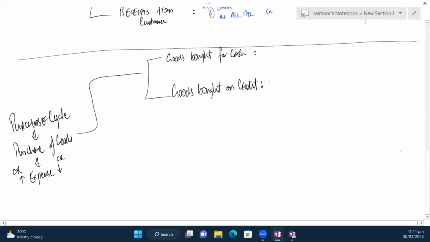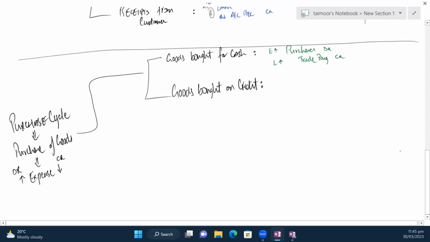So if you're buying goods for cash and if you're buying goods on credit, the only difference is the supplier account. Let's see. If you're buying goods for cash, so entry will be purchases debit, trade payable credit, expense increase, liability increase.